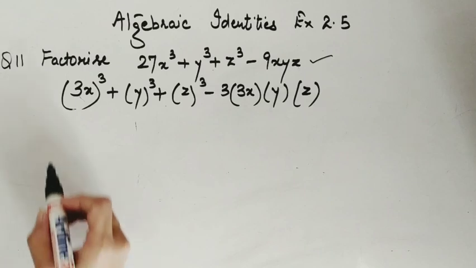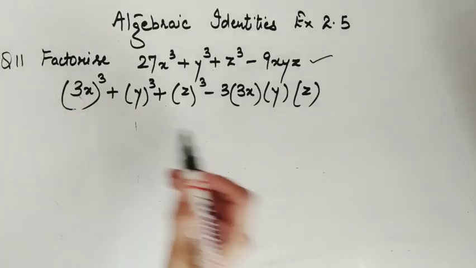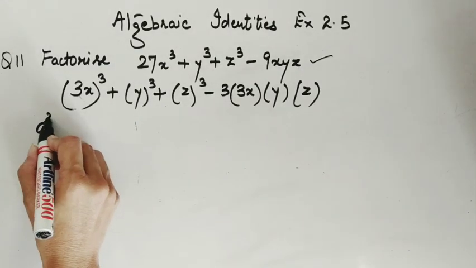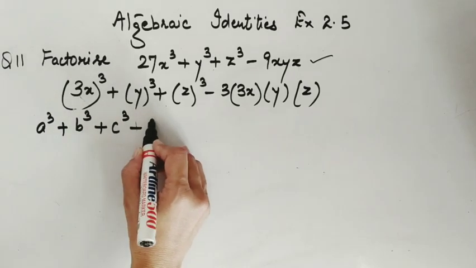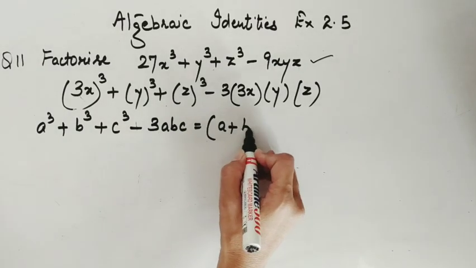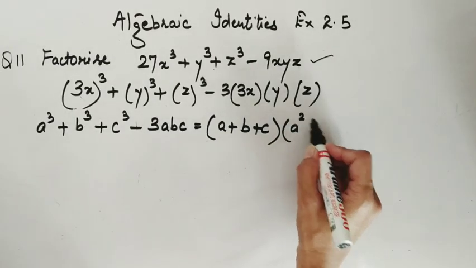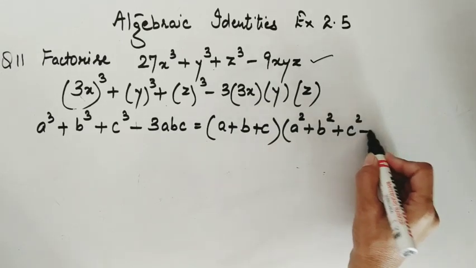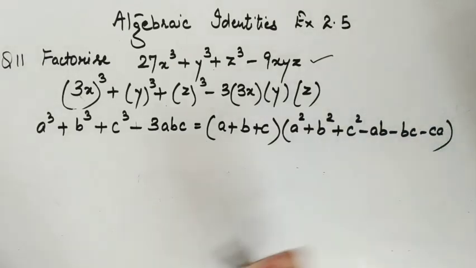In the next step, we need to simply write the factors now using the identity. Let me write the identity using some other variables. a cube plus b cube plus c cube minus 3 times abc is always equal to the product of a trinomial, which is a plus b plus c, and a polynomial, which is a square plus b square plus c square minus ab minus bc minus ca.